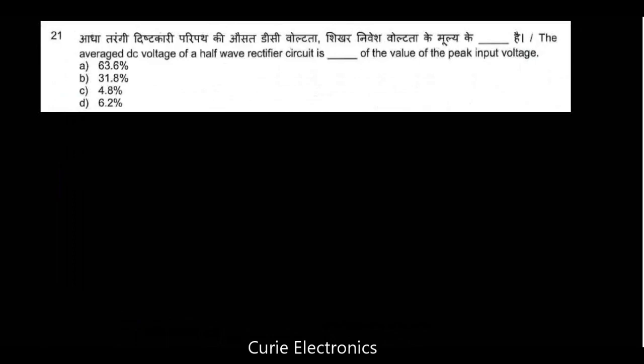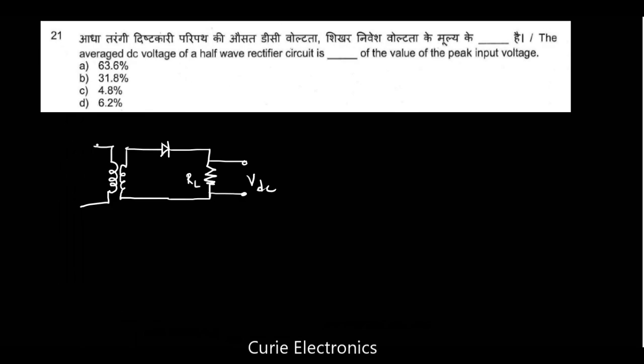Question number 21. The average DC voltage of a half-wave rectifier circuit is dash of the value of peak input voltage. Here, we have a half-wave rectifier. Across this RL, we will get the output VDC.